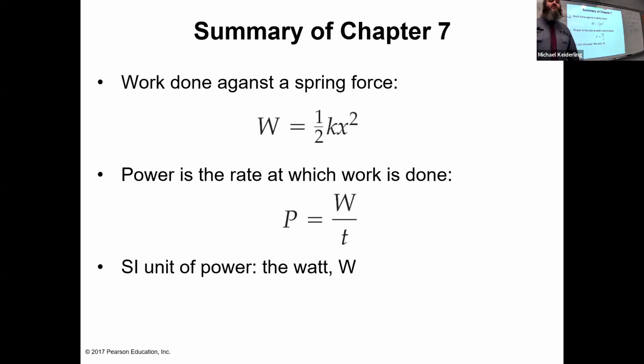And power is the rate at which work is done, work over time. The SI unit of power is the watt. Under certain circumstances, you can simplify work over time to be force times velocity. Basically you have to have constant velocity.